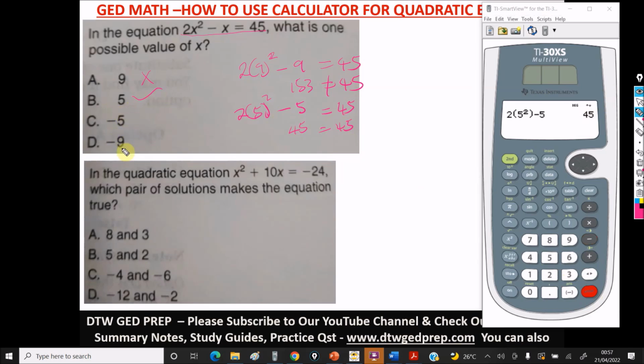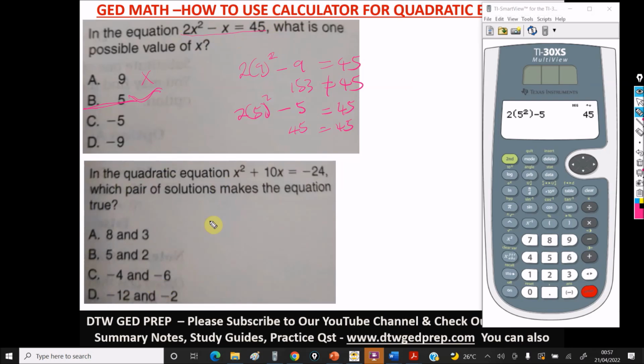If you punch in the next two values, they are wrong. So you can stop here and you have your answer. That's it. That's how you solve it, looking for a possible value of x just from your options. You don't need to start doing all the factoring and all that.